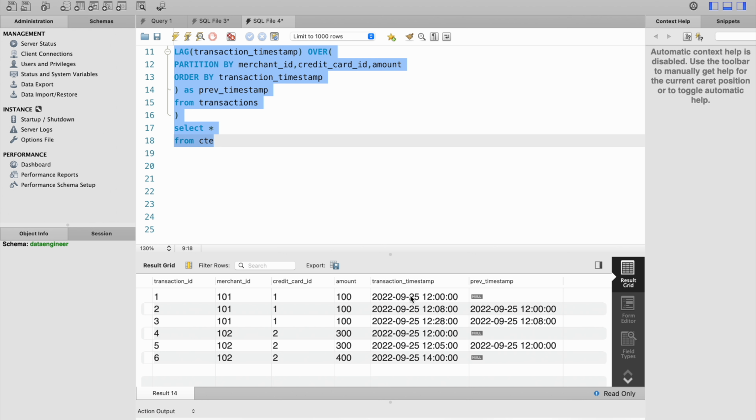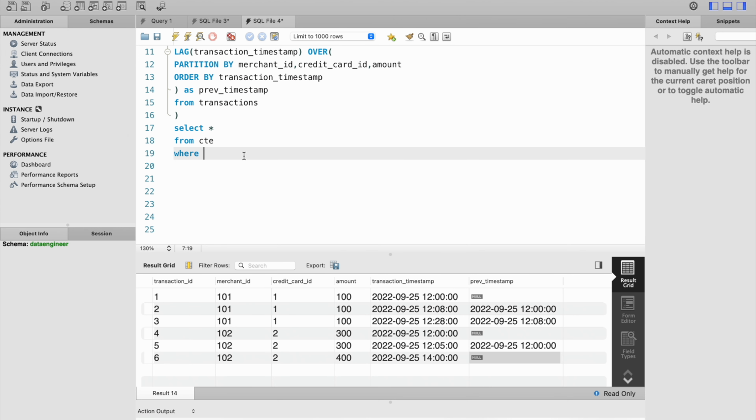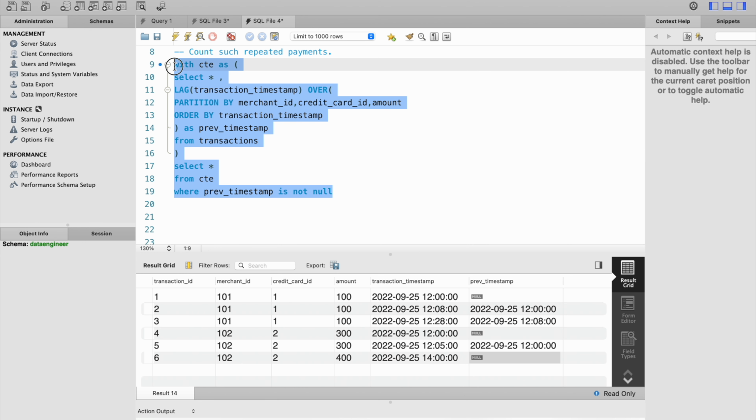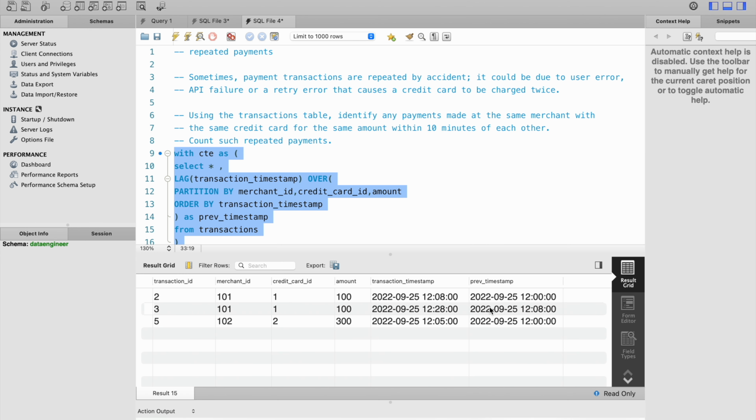Before that, you can see that this previous timestamp is null, this is null, and this is null, and we have to omit the first transaction. So we say the previous timestamp is not null. If I run this, we just have these 3 transactions which can be considered repeated payments.